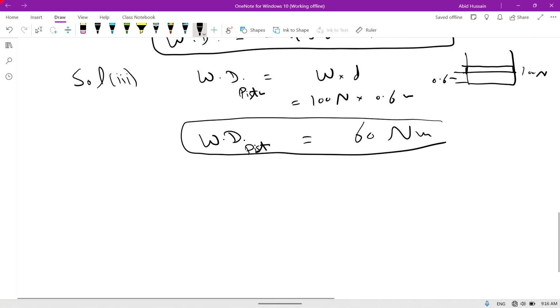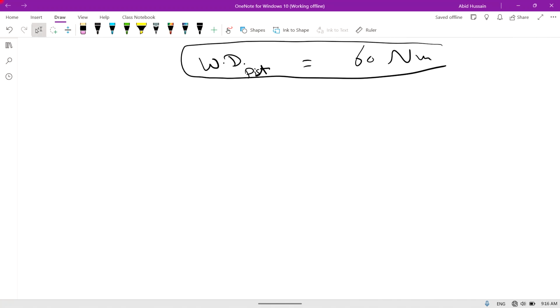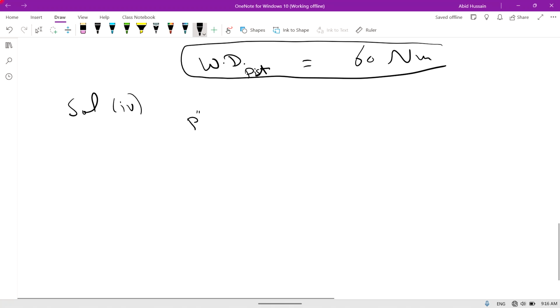Now we solve the last part to find the heat supplied. Solution of part number 4. For heat supplied, we will use the non-steady flow equation. So first we find m double dash. According to the perfect gas equation, p double dash V double dash is equal to m double dash R T double dash.